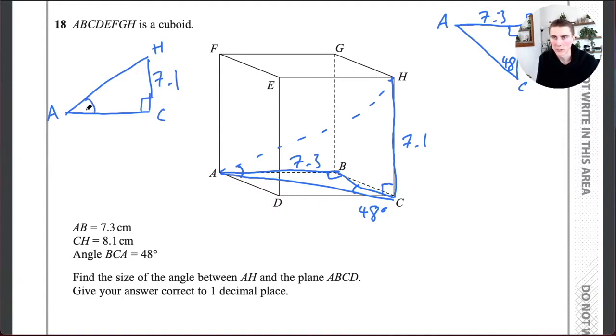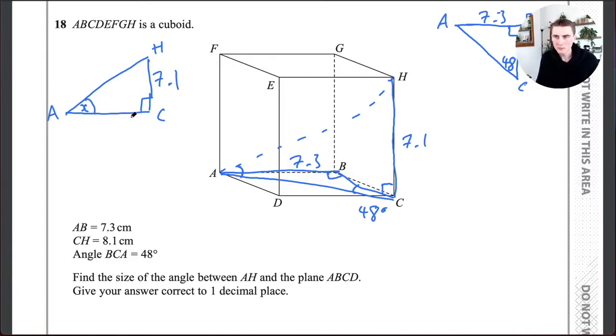We want to find this angle. This is our x, that's what we're trying to find. We don't know anything else. Okay, so all we've done so far, we haven't calculated anything. We've just put the information that we're given onto the drawing, and we've drawn our two triangles that are involved as 2D drawings.